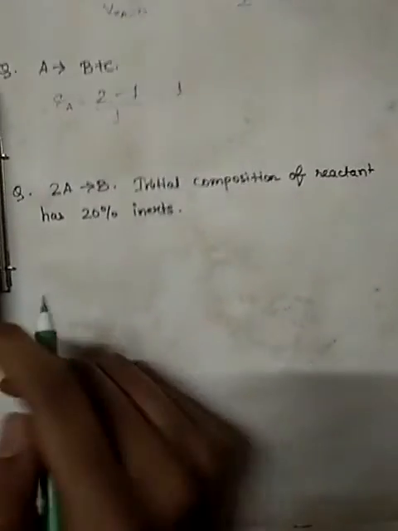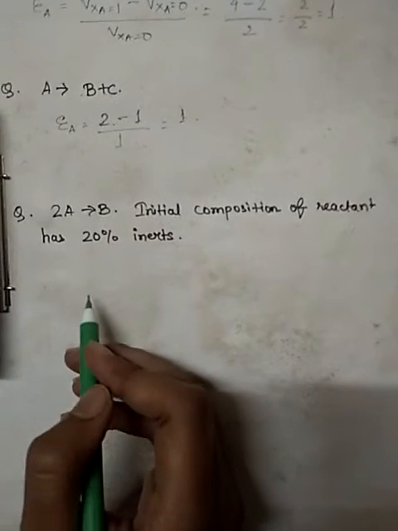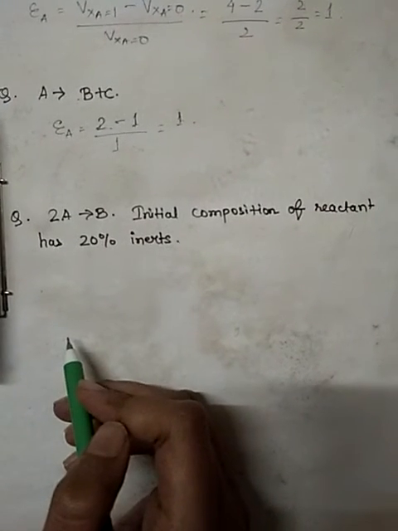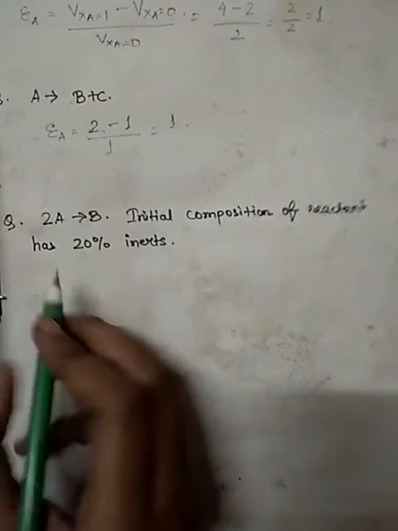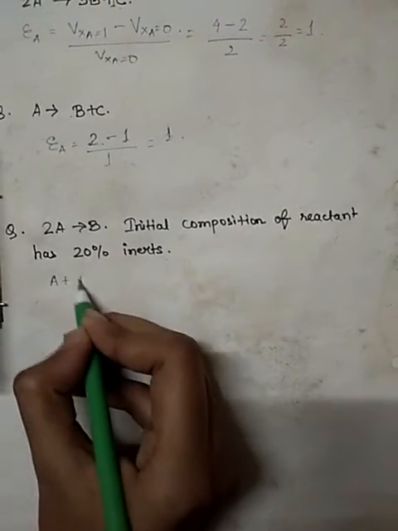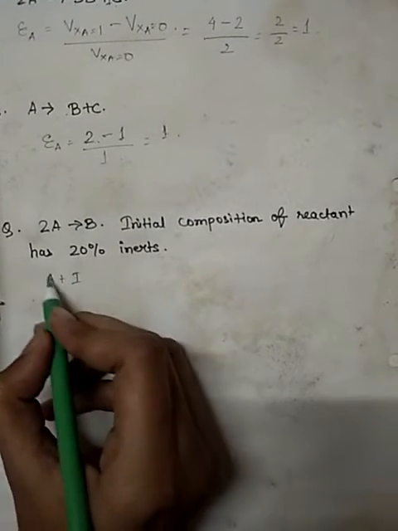In the next case, there is a bit of a trick here. You see, it is said that there has been 20% inerts in the initial composition of the reactant. That means A plus inerts, let it be defined by I, is present.